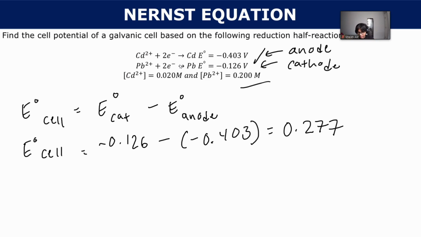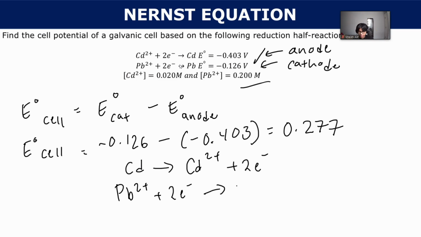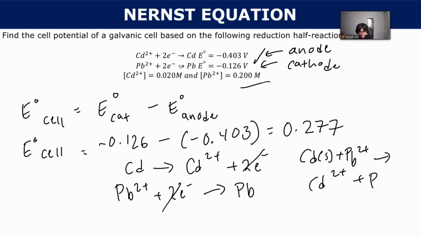So we would have cadmium turning into cadmium 2 plus plus 2 electrons. At the cathode, you would have the normal reduction reaction: lead 2 plus plus 2 electrons turning into lead. And so our overall reaction here would be cadmium solid plus lead ions turning into cadmium 2 plus and lead solid.